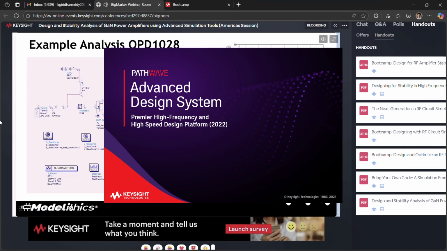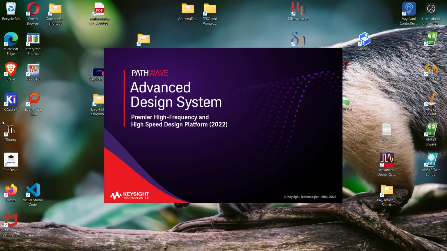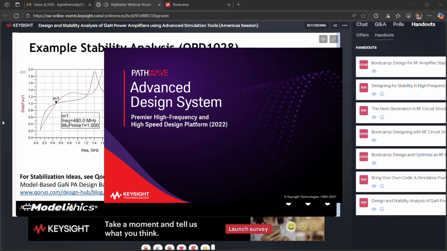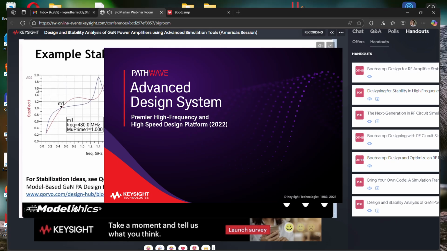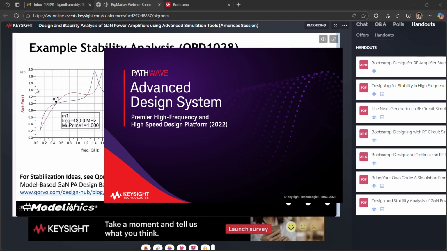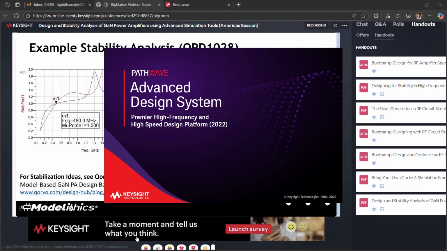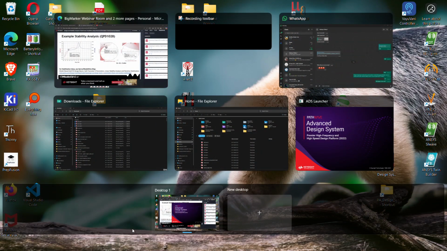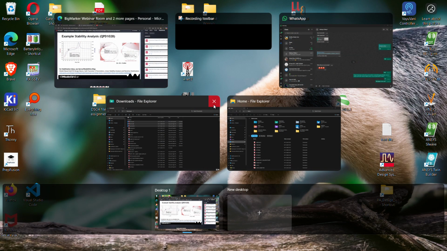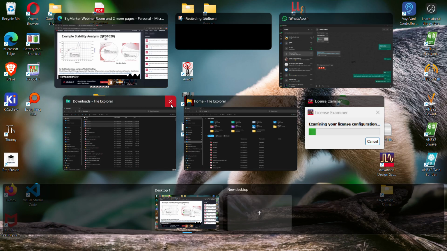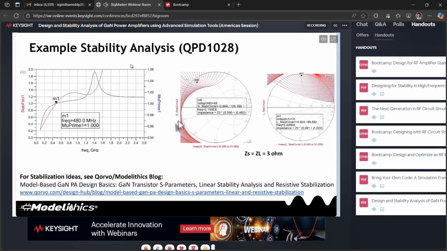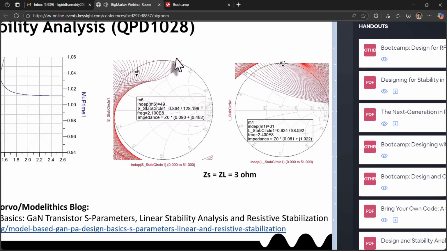I mentioned the source and load stability circles, and those are shown in this graph. For the circles in the source plane, we always have to do a test. Without getting into the details here, I can tell you the test we have to do when we have a circle. The circle is actually closed outside of the Smith chart, but these are circles or contours, which are parts of circles.